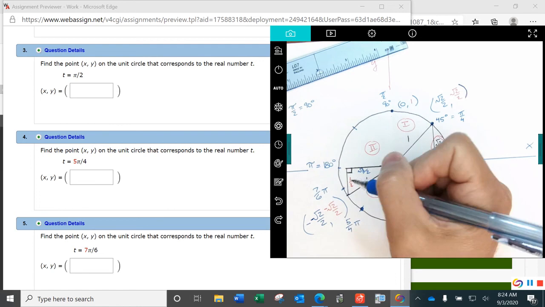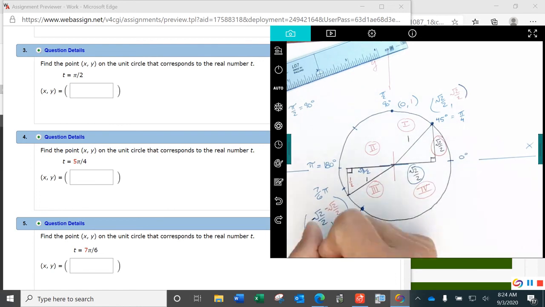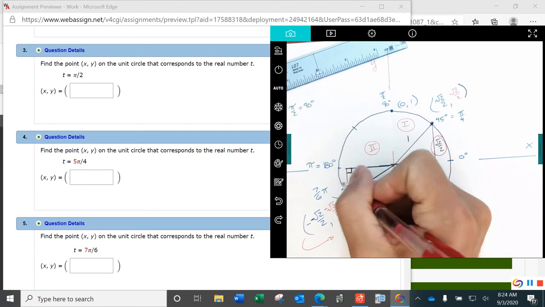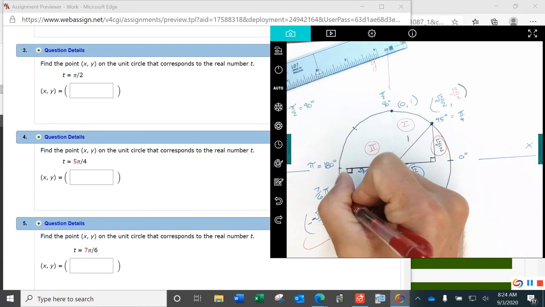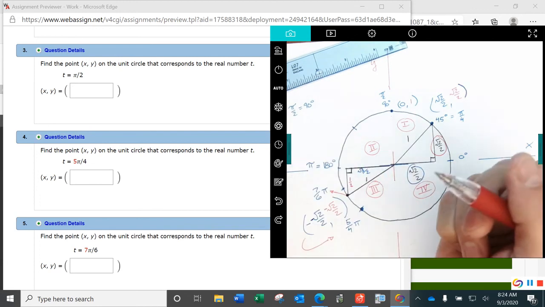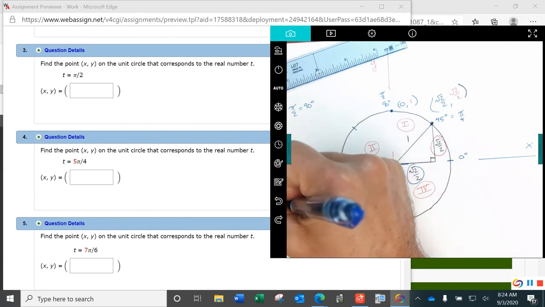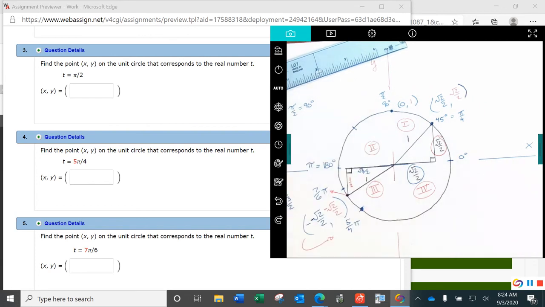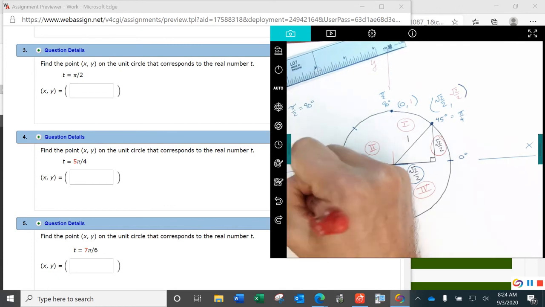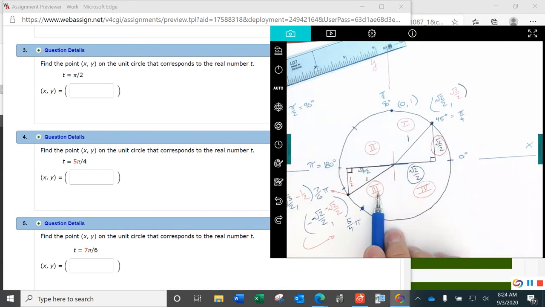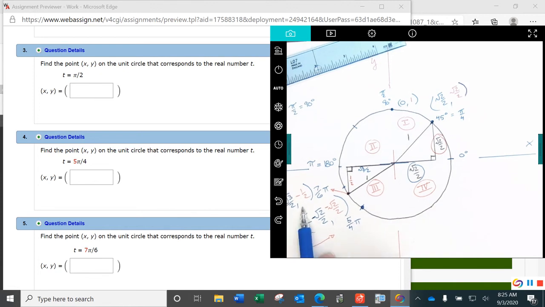The ordered pair that belongs to 5/4 pi was the previous one; this ordered pair right here that corresponds to 7/6 pi would be negative square root of 3 over 2, comma, negative 1/2. Remember, we're in quadrant 3 again at 7/6 pi. So we do have negative square root of 3 over 2, comma, negative 1/2.